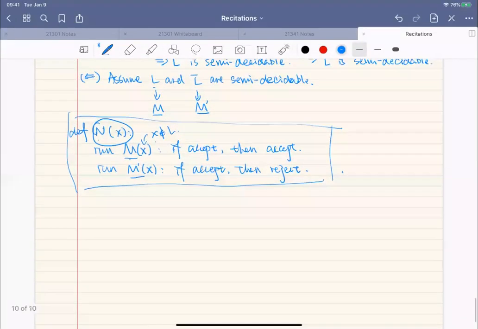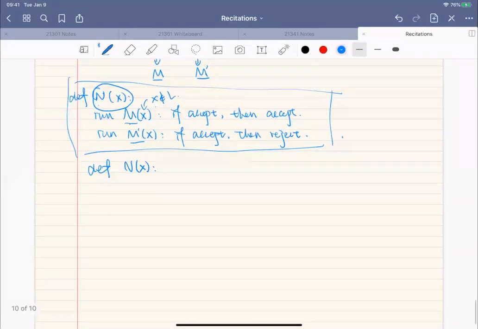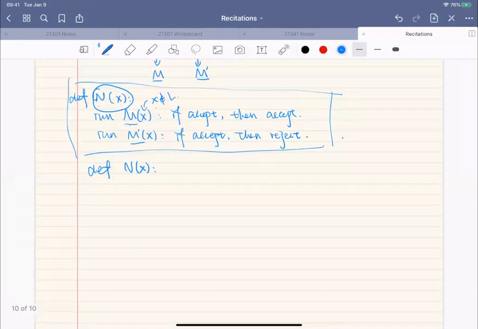So we have to find another way to define a decider.